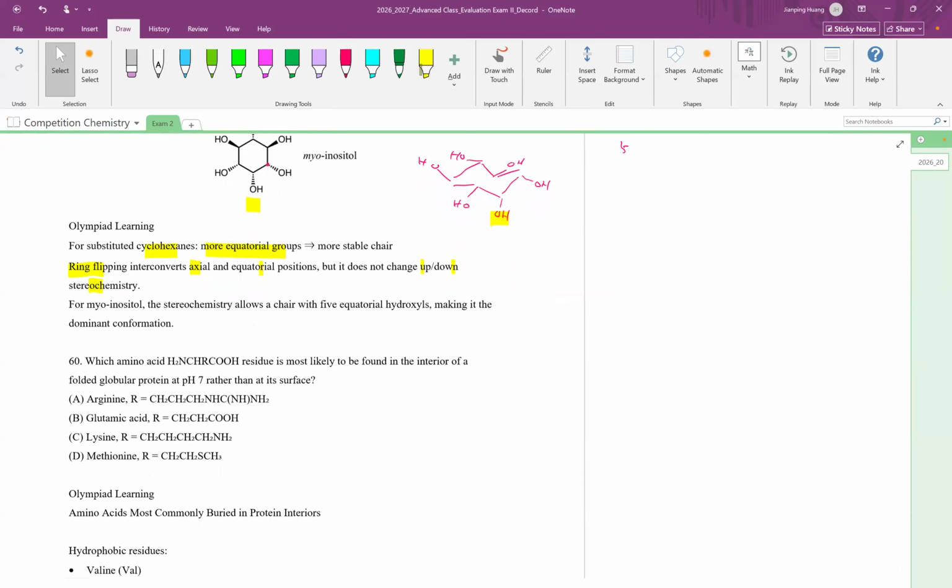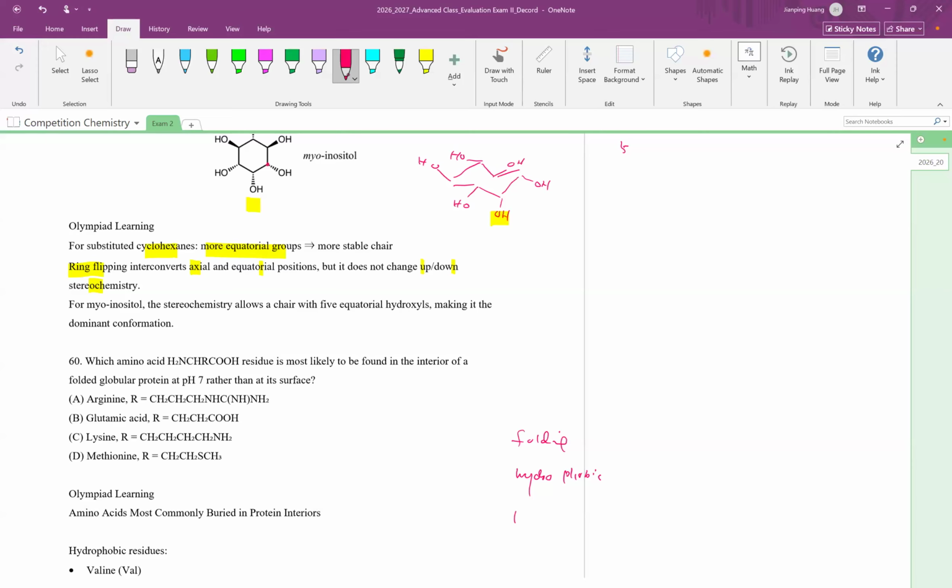This question is about protein. It's about protein folding, right? So basically you have two groups. One is called hydrophobic, and the hydrophobic residue should be inside.